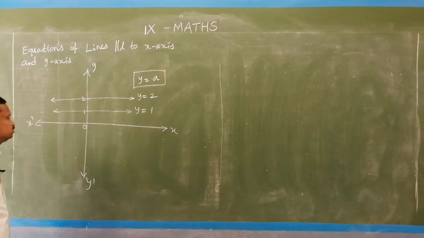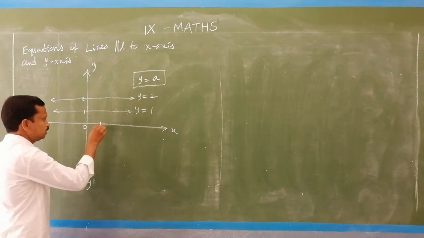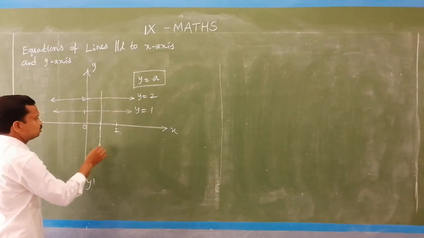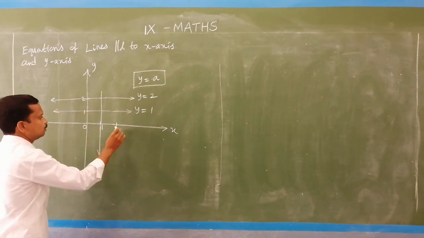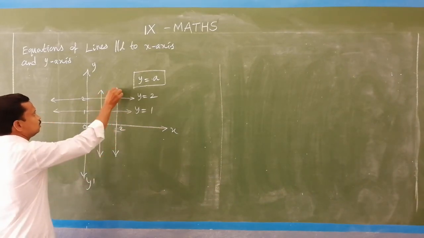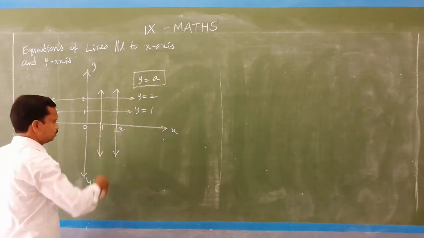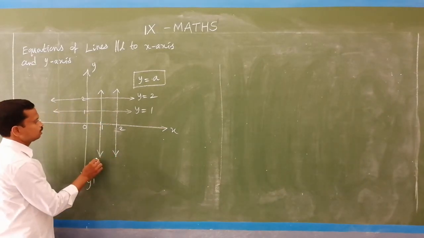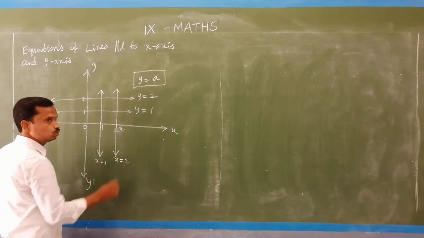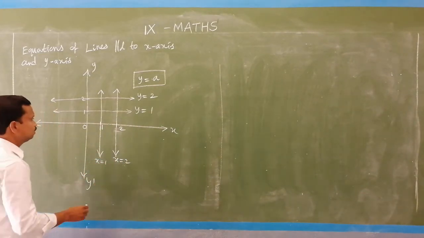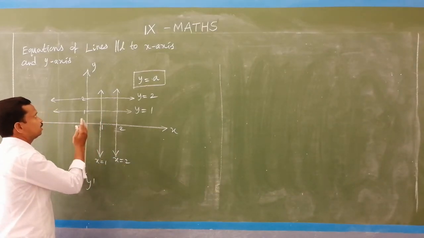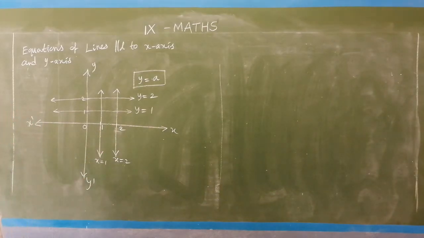And the same way, equation of line parallel to y axis means, for example, here if you take 1 and this is 2, if we draw like this through 1 and through 2, if you draw a line. So, this is nothing but this x value 1 and here x value 2. Which is this, x equal to 1, x equal to 2, both are parallel to y axis, am I right?